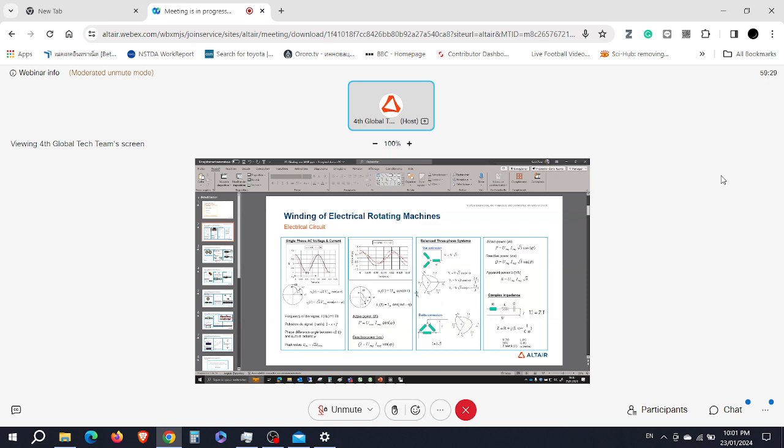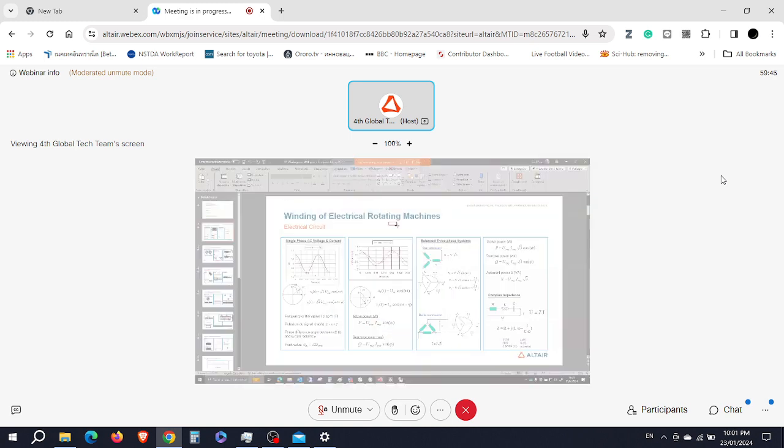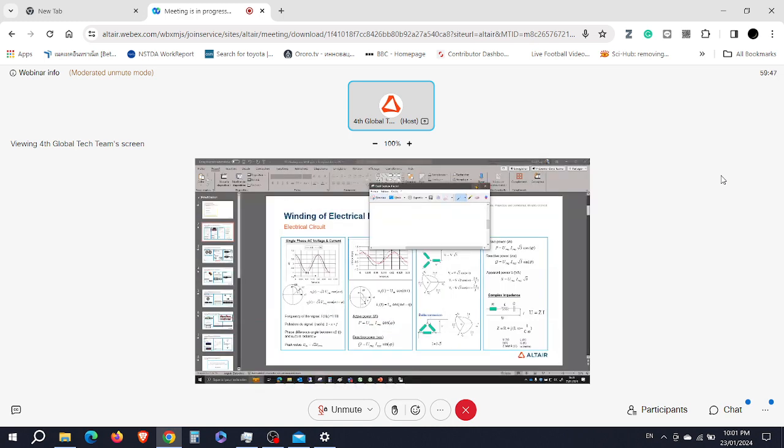When it's a 2-pole, the electrical distribution corresponds to the mechanical distribution. If it's a 4-pole, then we do have something else. Let me draw this.